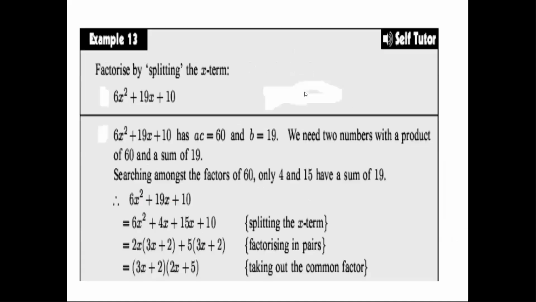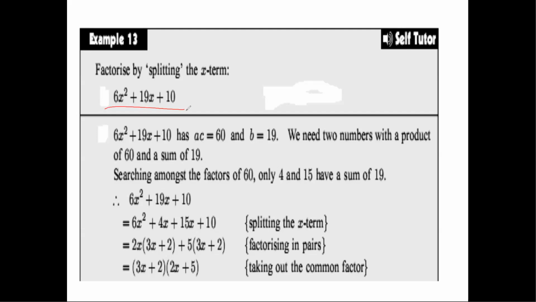Good. So this is a more general way of factorizing quadratic expressions, right? So you have this quadratic expression to factorize: 6x squared plus 19x plus 10. We want to factorize that.